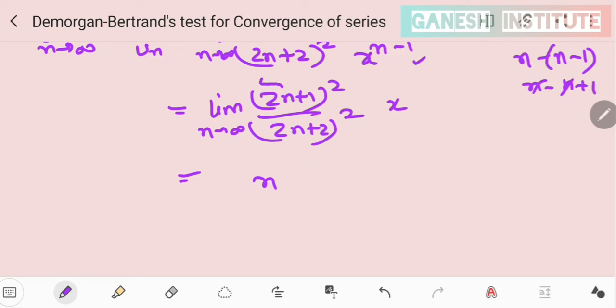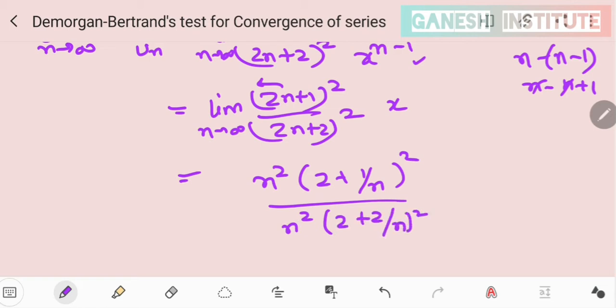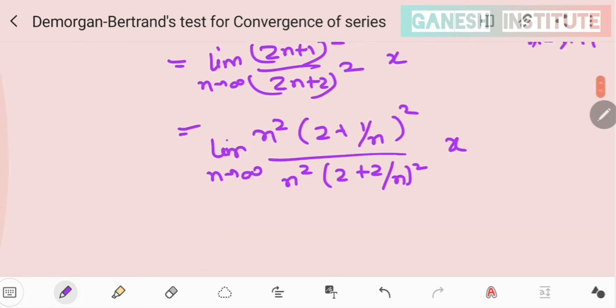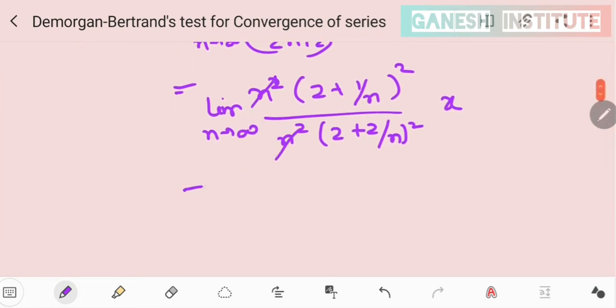If you take n as common from here, the power is 2, so n square will be common, and then similarly from the denominator, limit n tends to infinity. If you substitute the value of n as infinity, 1 by infinity is 0, so 2 square is 4, and similarly in the denominator this will be 0 and 2 square will be 4. So you have got x.